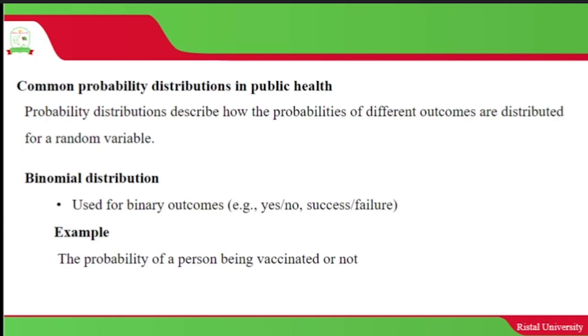An example could be a person being vaccinated or not, teenage pregnancy or not, cancer or no cancer, diabetic, not diabetic. So those are some of the binary outcomes under which the binomial distribution can be used.